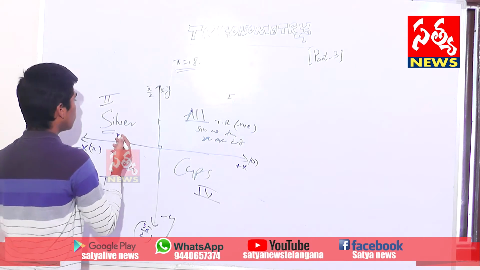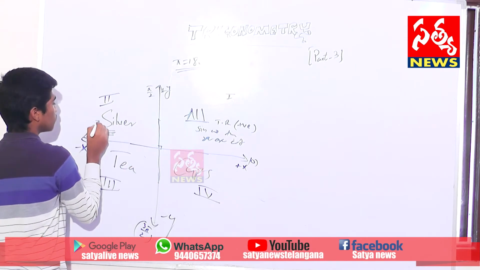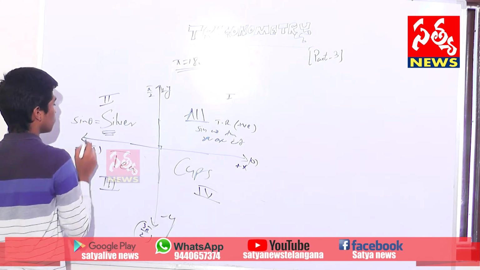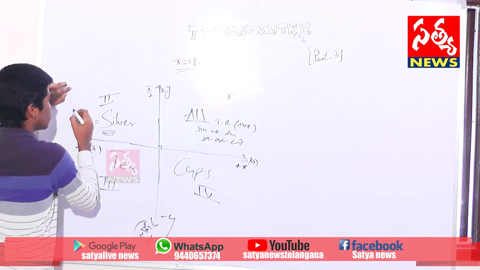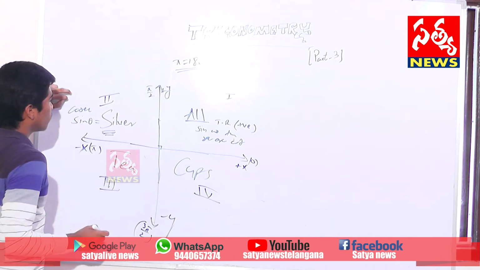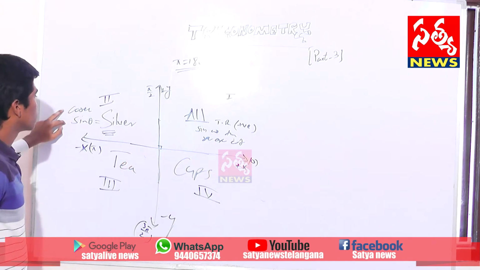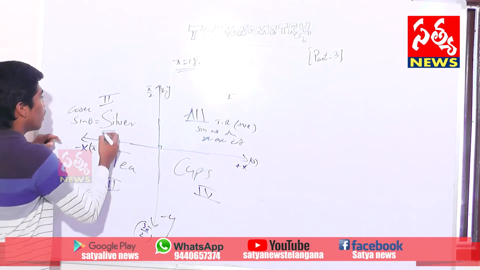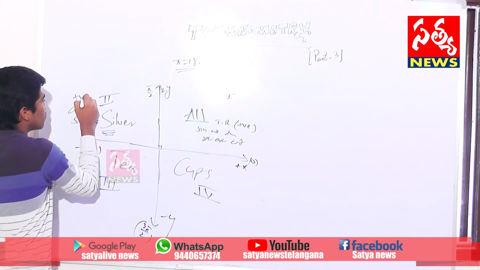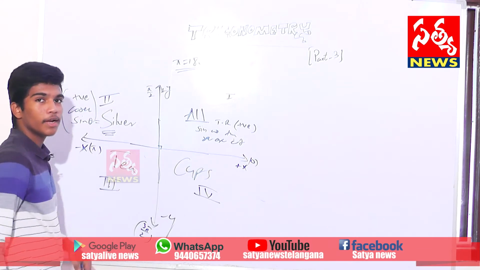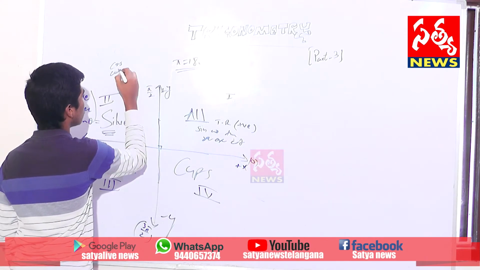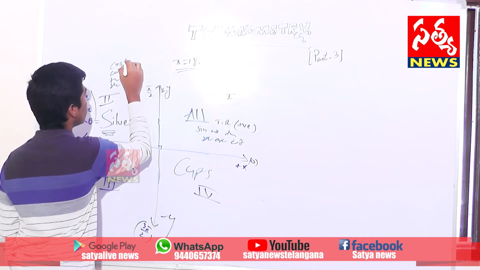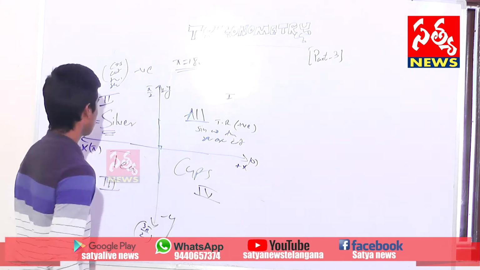Let us think that Silver S means sine. So in the second quadrant, sine and cosecant. Cosecant is inverse, so sine and its inverse are positive in the second quadrant. The rest 4 trigonometric ratios, cos, cot, tan, secant are negative in the second quadrant.